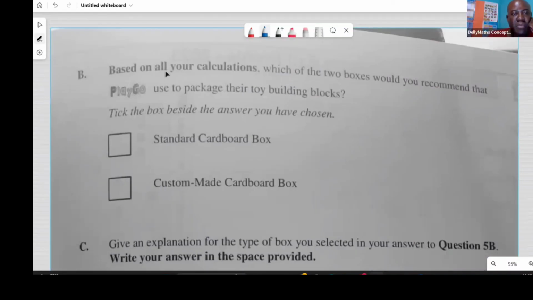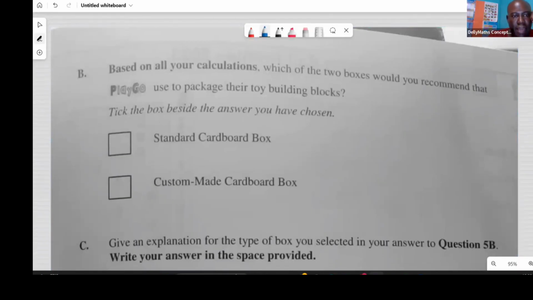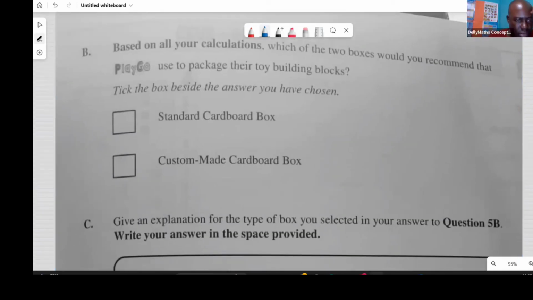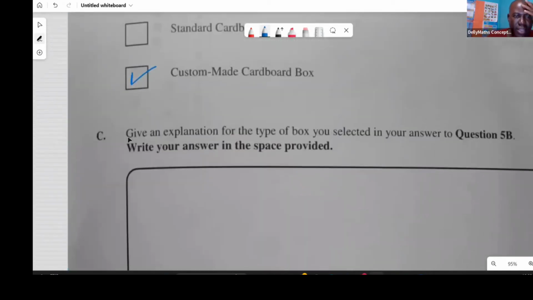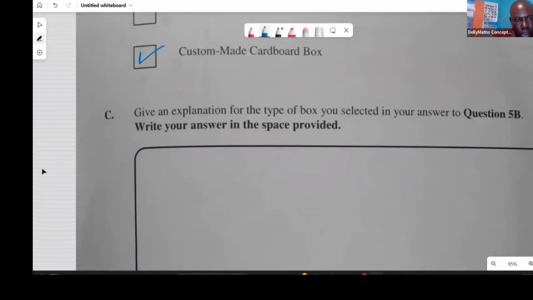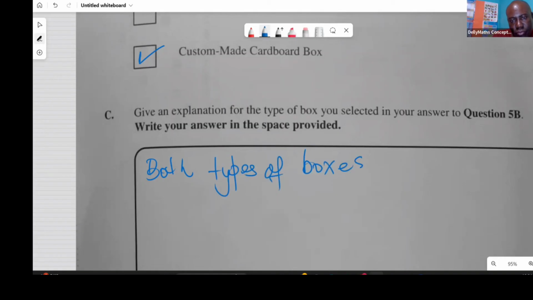So it says, based on the calculation, which of the two boxes would you recommend that Playgo purchase for the blocks? I'm going to recommend that you use the custom made. Give an explanation for the type of box selected. Personally, an explanation is that both types of boxes can hold 60 toys.